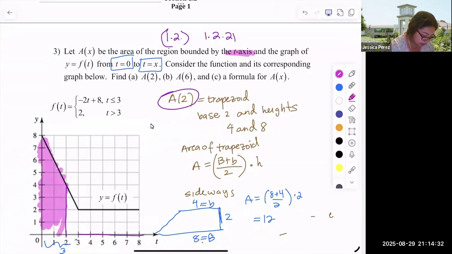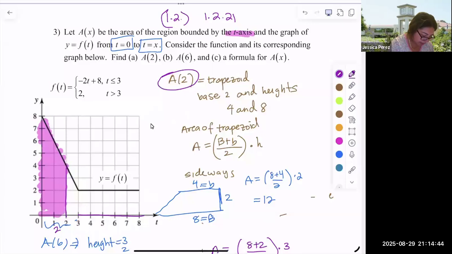And the height of this trapezoid is going to be 2, whatever the x is. So this will have a height of 2, with one of the bases being 4 and the other base being 8. So this is little b and big B.